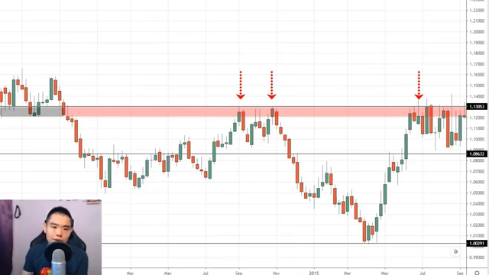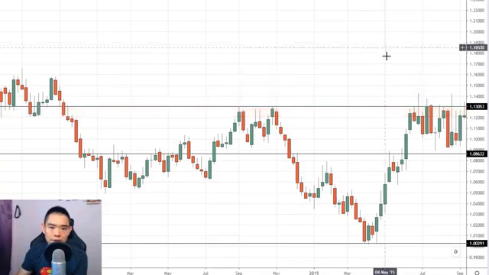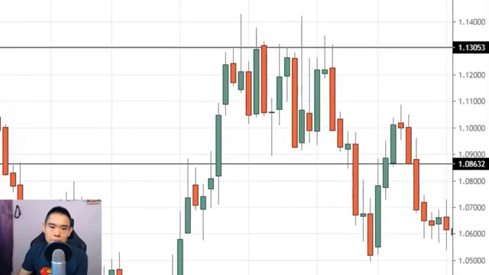I want you to know that trading isn't like you enter, set your stop loss, set your target, boom, the market straight away gives you profits. It doesn't work that way, because the market can consolidate, play with your feelings, and make you cut your loss prematurely before finally reaching your target.